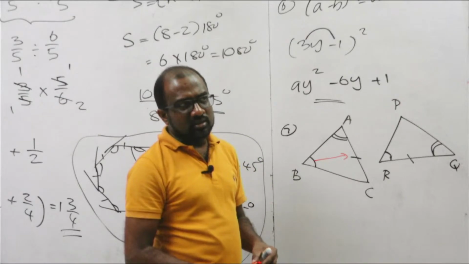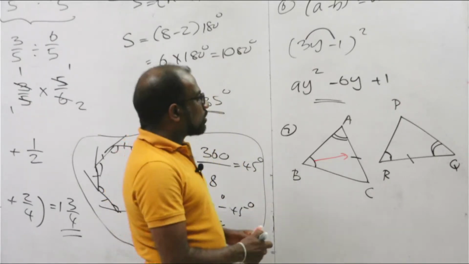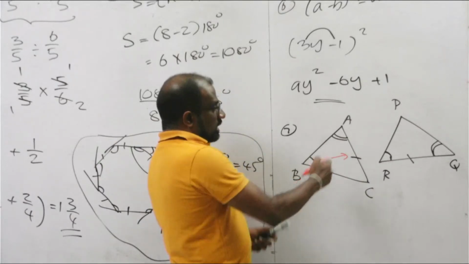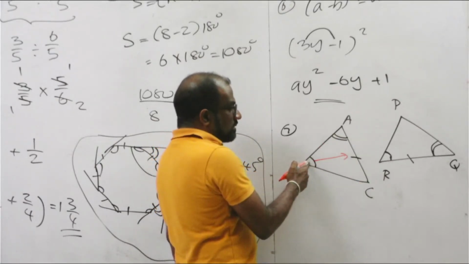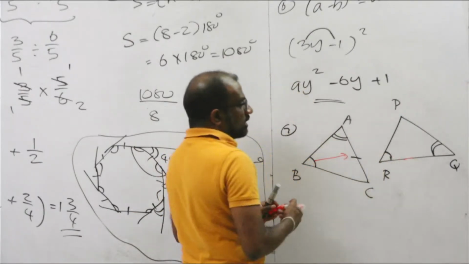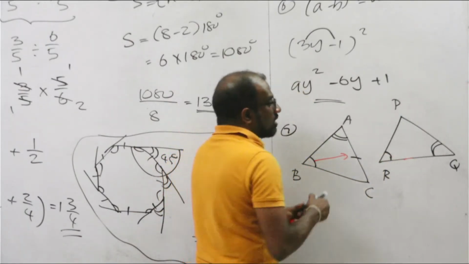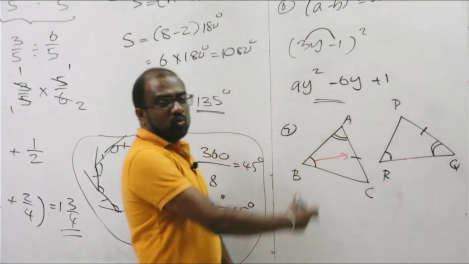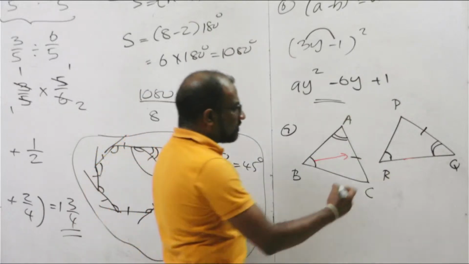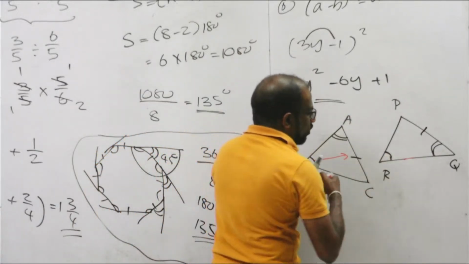Understand what I am saying. For them to be corresponding, here AC is facing this angle ABC, so the equal side should face the equal angle PRQ, arranged like this. Now they are congruent: two angles and the corresponding side, located in the same way.